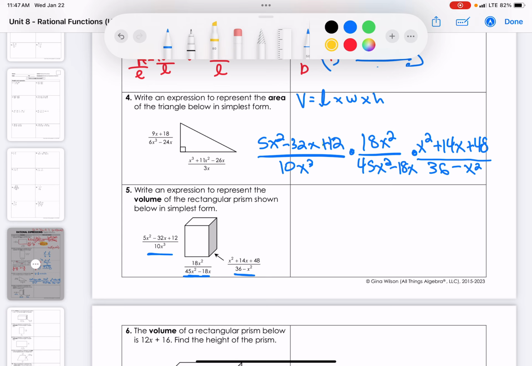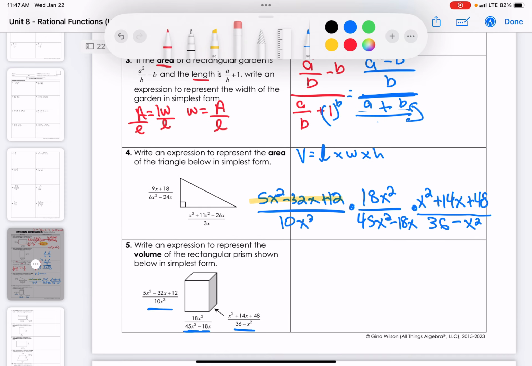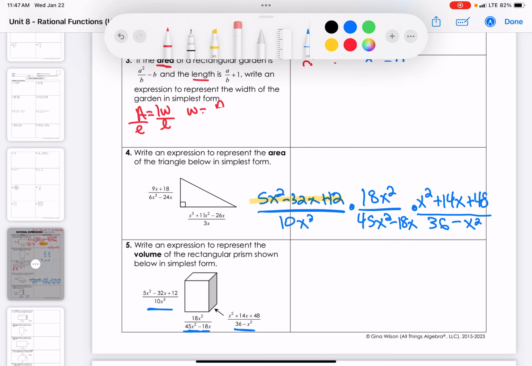I'm going to work out this part first. Can I factor that? Can I take anything out? Is there a GCF? No, it doesn't look like I can. So I'm going to have to factor that by grouping. So that's what I'll do first. Let's erase some of this part. All right, I have 5x squared minus 32x plus 12.